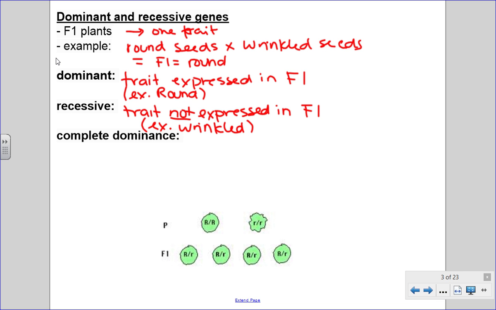And what Mendel saw with the characteristics that he was studying, at least with these pea plants, was complete dominance.